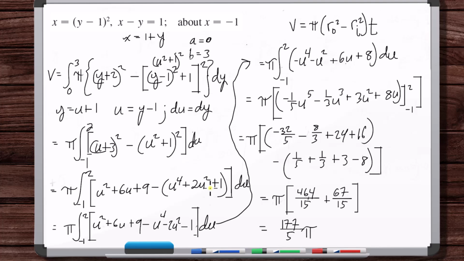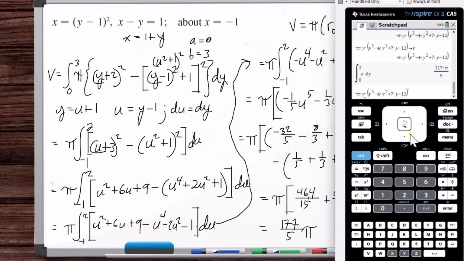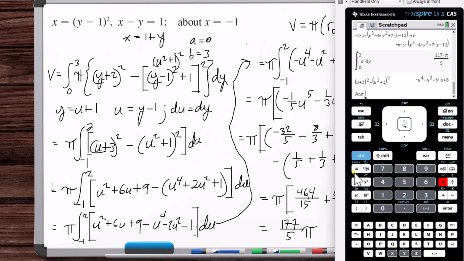Well, let's make sure, maybe I'm going crazy with this substitution here. Let's track this down. So if we evaluate this definite integral, u plus 3 squared minus u squared plus 1 squared times pi.